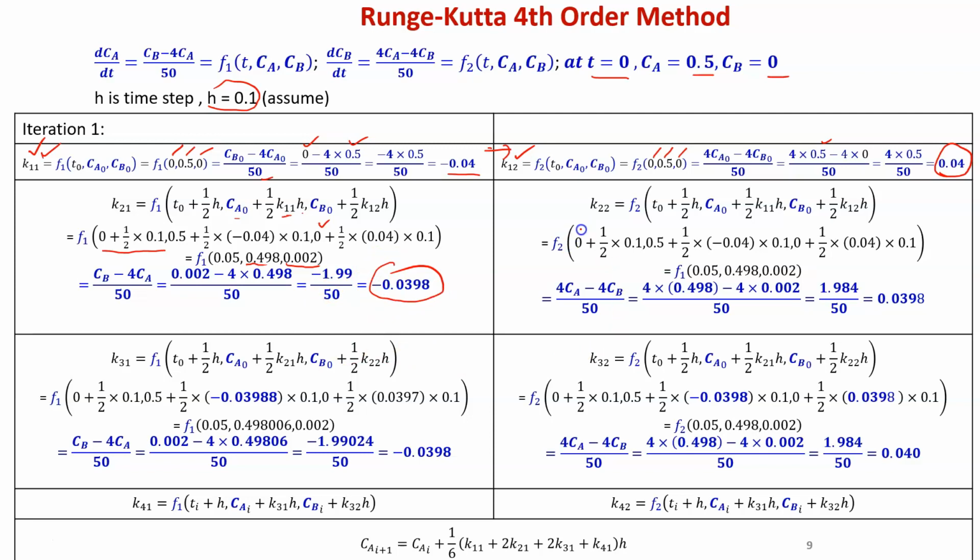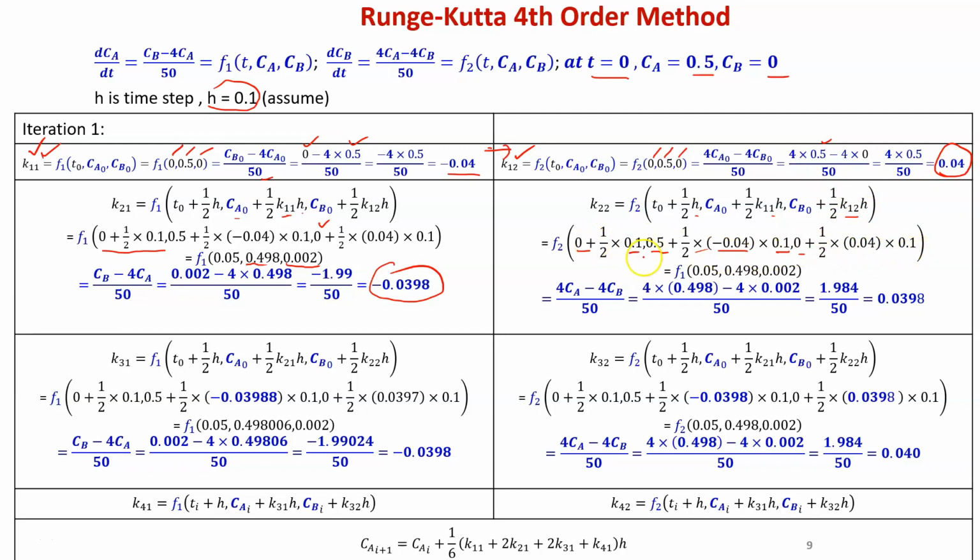Similarly for F2, K22 is F2 of T0 plus half of H, CA0 plus half of K11 H and CB0 plus half of K12 H. Here T0 is 0 plus half of H, which is 0.1, then CA0 is 0.5 plus half into K11, which is minus 0.04, into 0.1, and CB0 is 0 plus half K12, 0.04, into H 0.1.